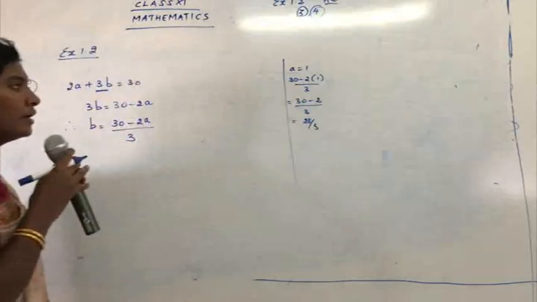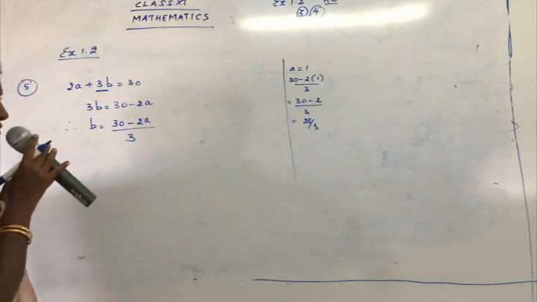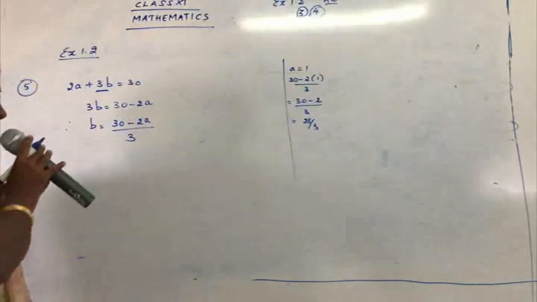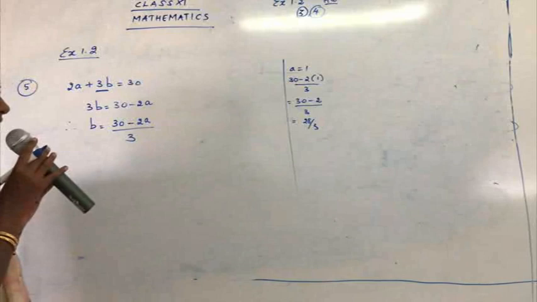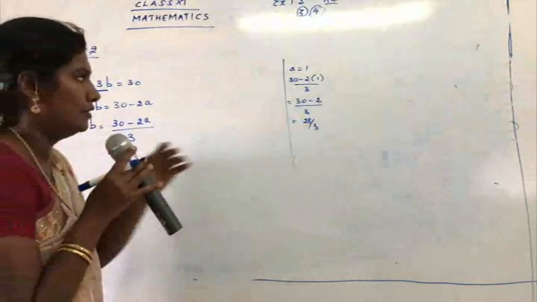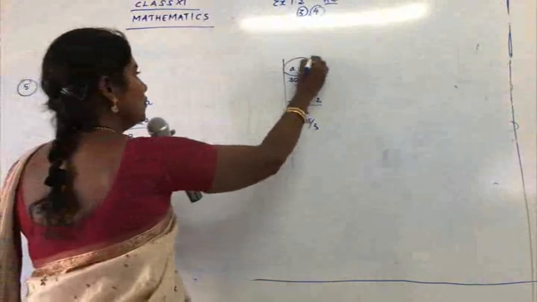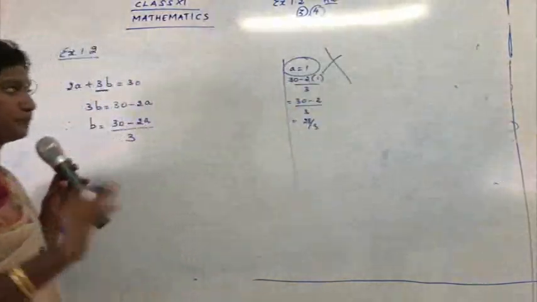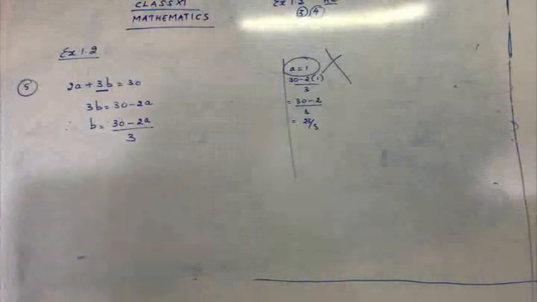We are not able to divide. I don't get a natural number; I will get the answer in terms of decimal. So if I take a as 1, I am not getting a natural number, so a is equal to 1 is not allowed. We cannot take a as 1.